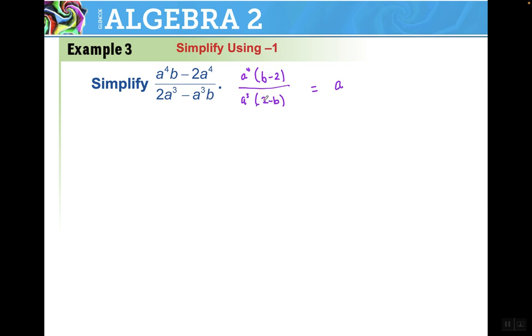So when we're canceling, this one we cancel to a 1, this one we're actually canceling to a -1, and this one we canceled to just an a. So our answer is going to be -1 times a, or -a, over 1 times 1, or just -a.